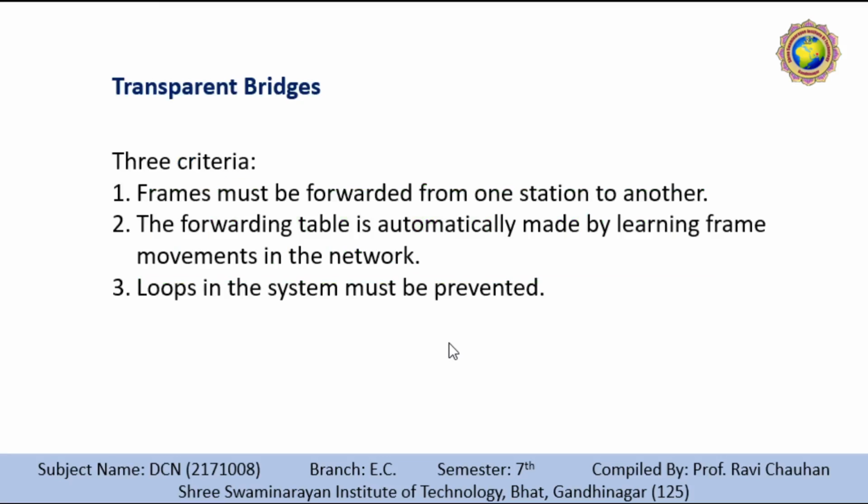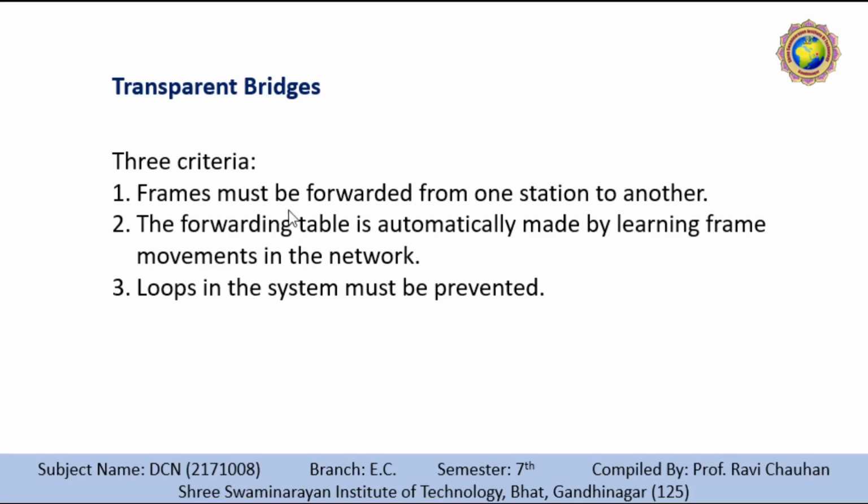Next is transparent bridges. A transparent bridge is a bridge in which the stations are completely unaware of the bridge's existence. If a bridge is added or deleted from the system, reconfiguration of the stations is unnecessary. According to the IEEE 802.1d specification, a system equipped with a transparent bridge must meet these 3 criteria.